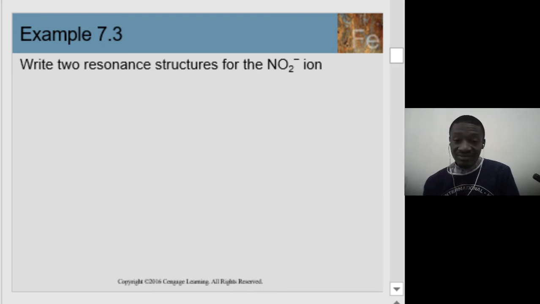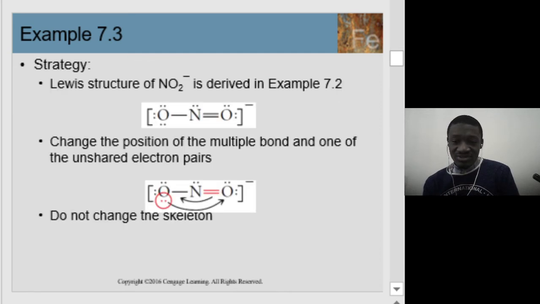Okay, now that you have either attempted or just kept on watching, let's go into it. So this is what it's going to look like. You're going to have your 6 on one side, and then the double bond on the other with just 2, and then a lone pair on top of the end.